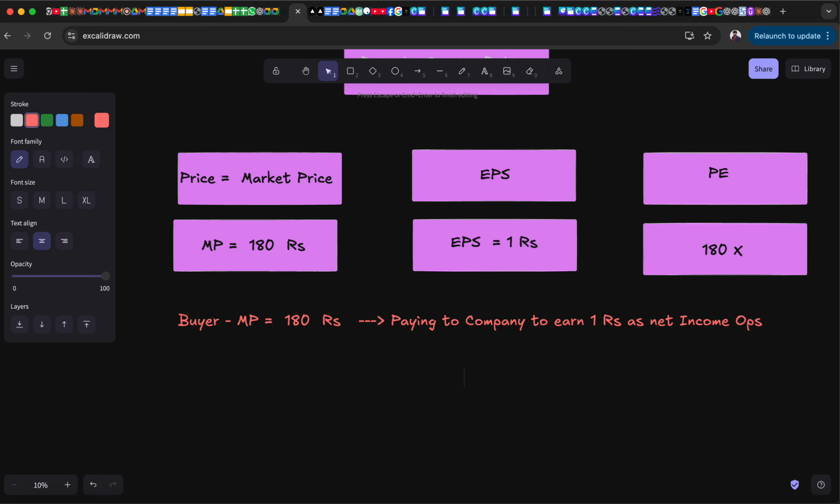Now, how can we read this while taking investment decisions? Let's say you have company A with a PE of 20x, and company B with 180x.